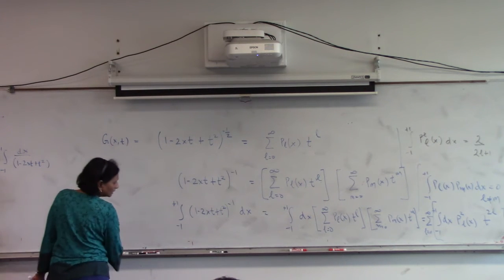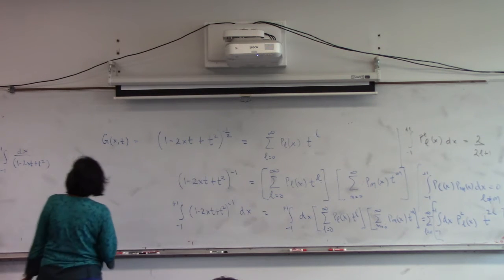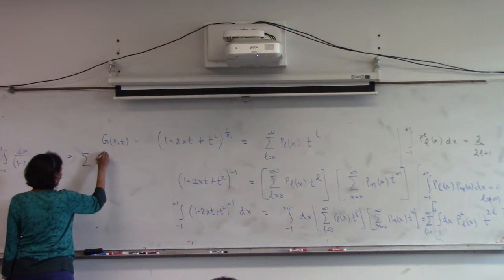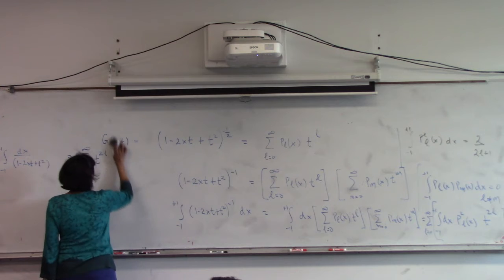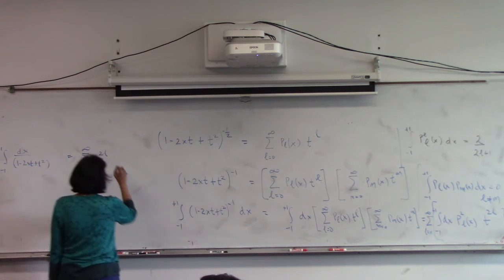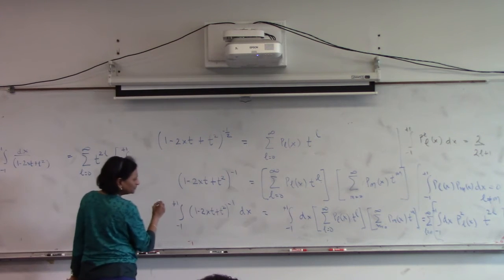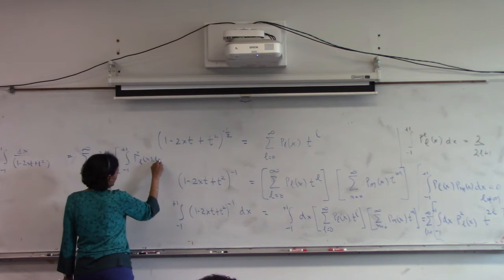Integration is with respect to x, and I can pull the t to the power 2L outside, L going from 0 to infinity. And then I can write this as the integral from -1 to +1 of P squared L(x) dx.